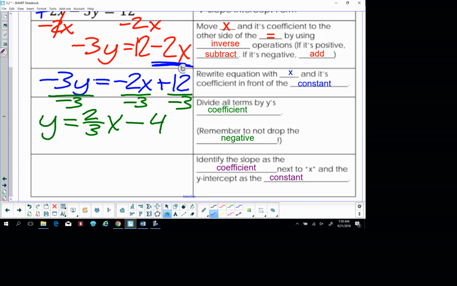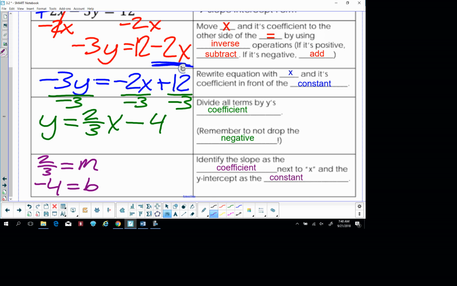So the slope is going to be the coefficient. What's the coefficient next to x? 2/3. And what about the constant? Our constant would be -4. Awesome.